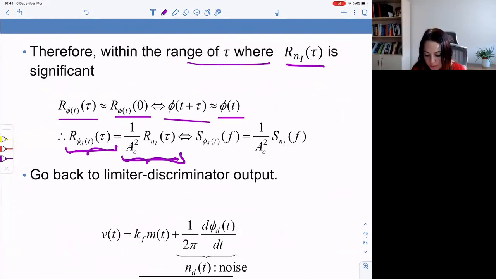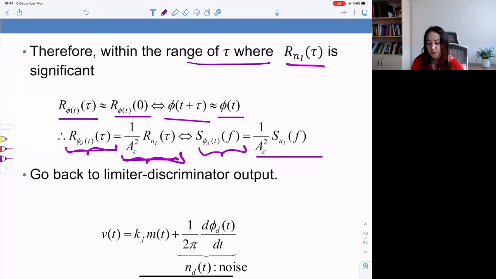And therefore, the power spectral density of this additive noise is approximately equal to the power spectral density of the in-phase noise that is scaled.